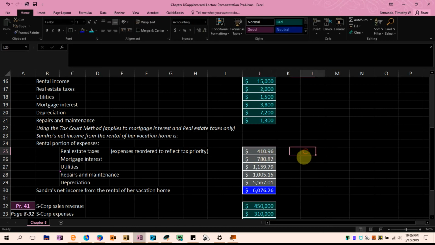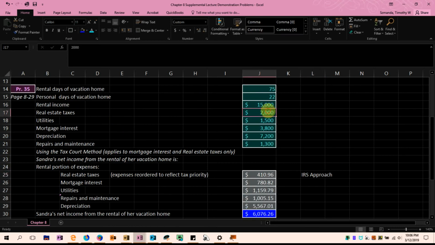By the way, had we used the IRS approach, and we wanted to allocate these real estate taxes of $2,000, that would have been different. Because here we would have still allocated the $2,000, but the denominator would have been the total of 75 and 22, which would have been 97 days.